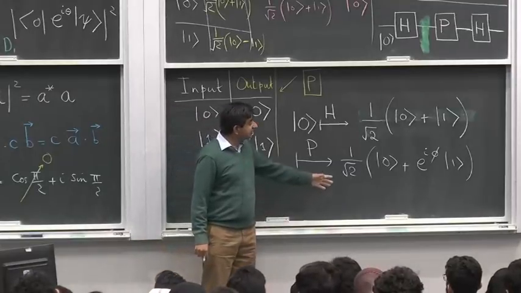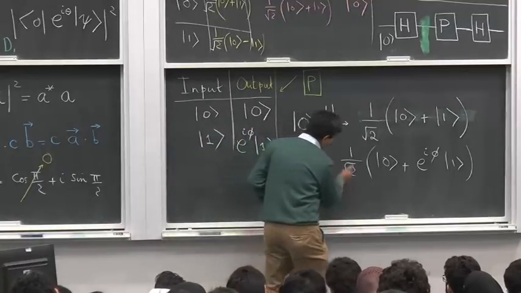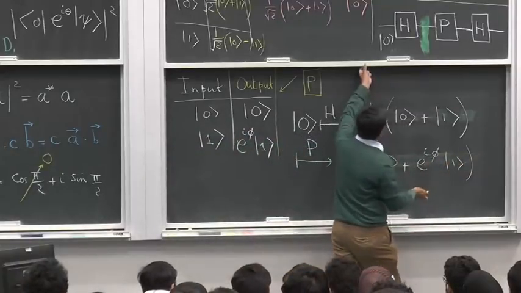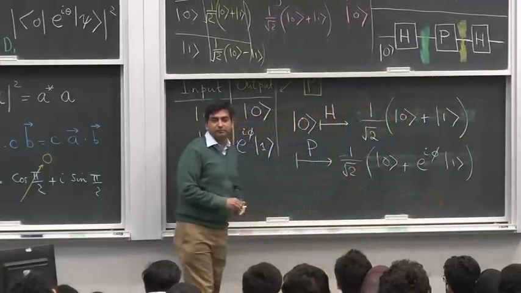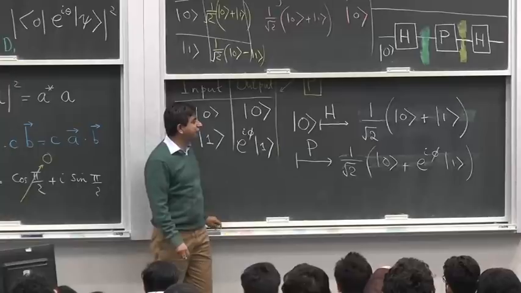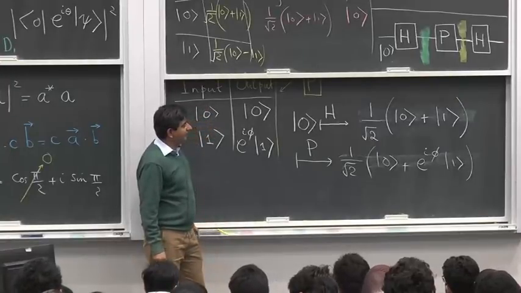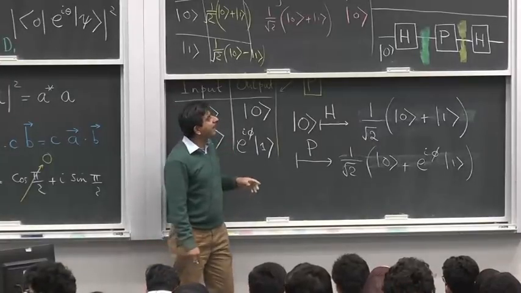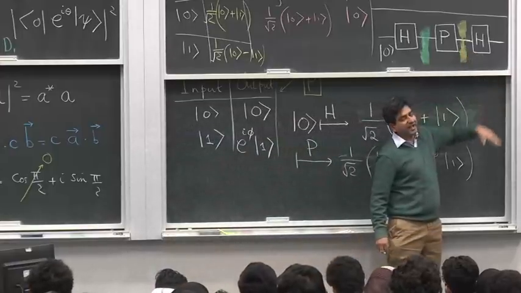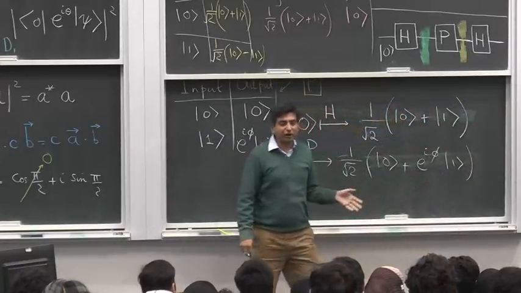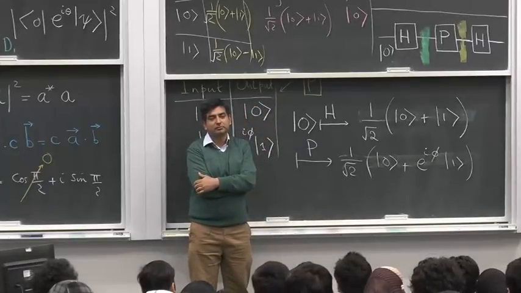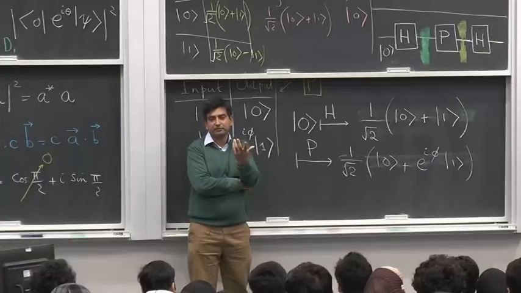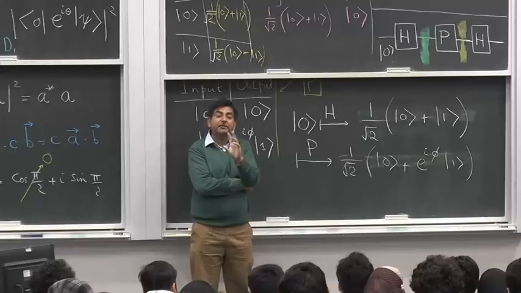Now we would feed this state, which is what exists over here. Now we would like to ask: if I had my detectors placed over here, and I didn't have the second Hadamard, what's the output that I get? 0: one half. And what's the output that I will get for 1? It's again one half.